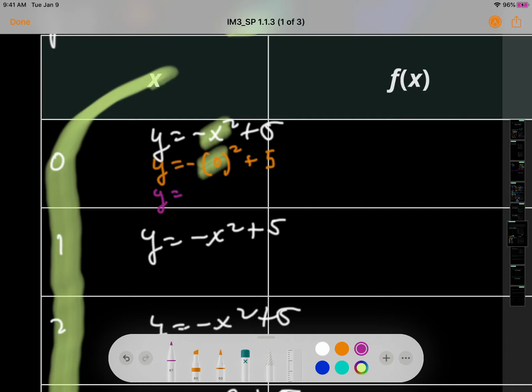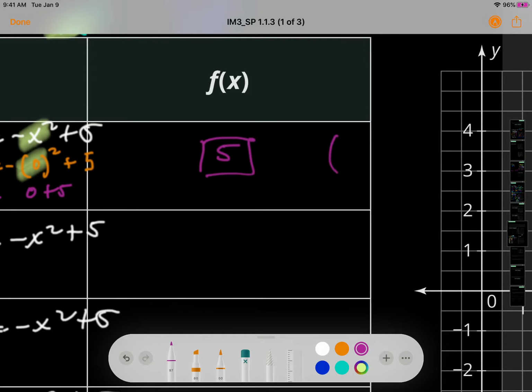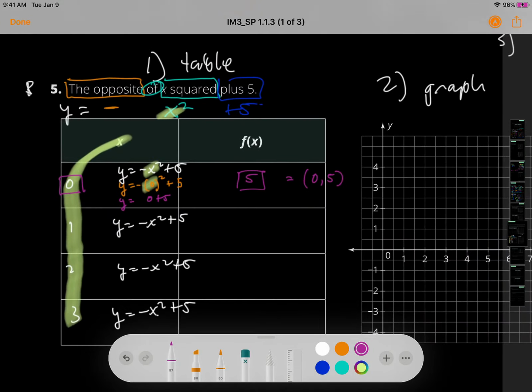So 0 squared is 0, opposite of 0 is 0, and then 0 plus 5, your answer is going to be 5. So what does that mean? You put in an input of 0, you get 5 as your answer. So that's an ordered pair, right? 0, 5. So what does this f of x value mean? Your f of x is a fancy way of saying the y values.